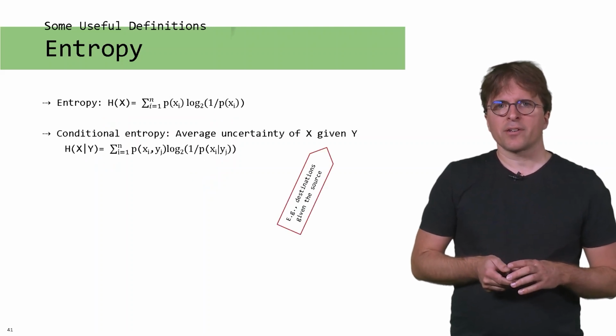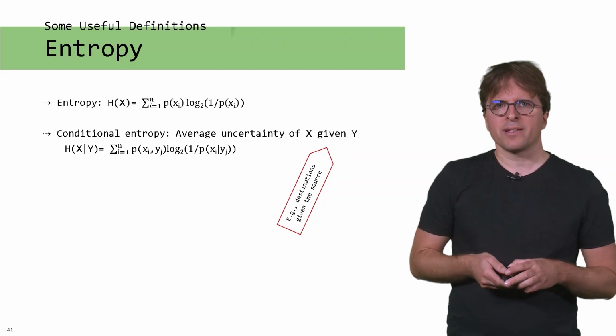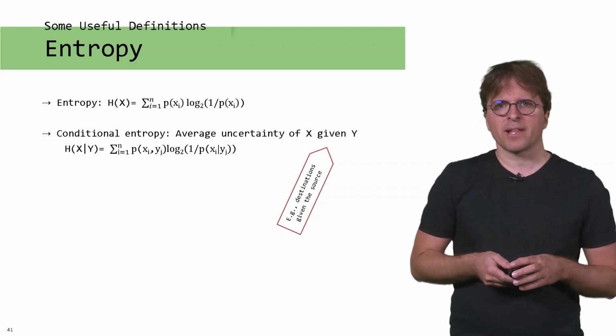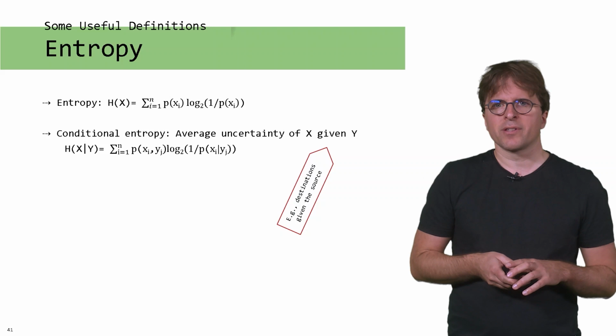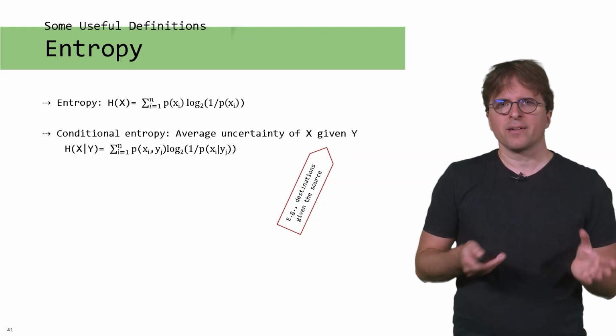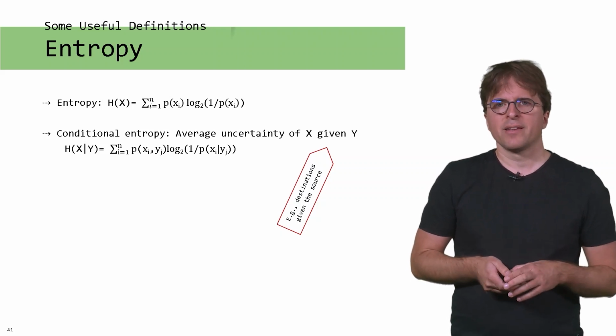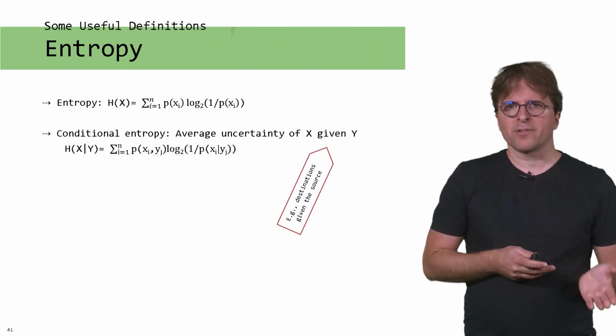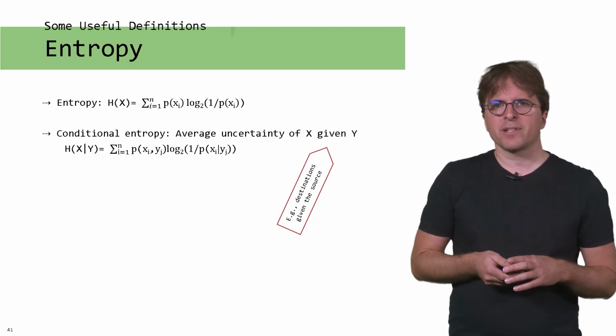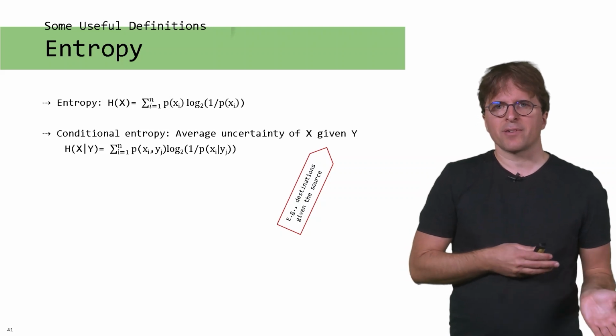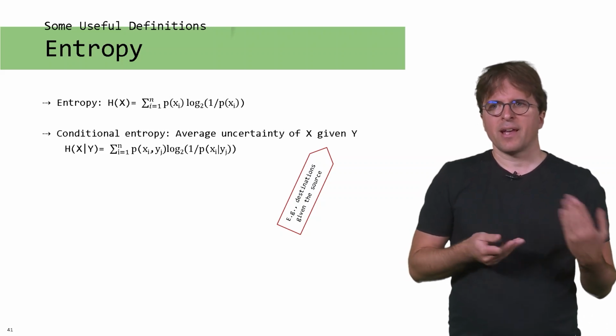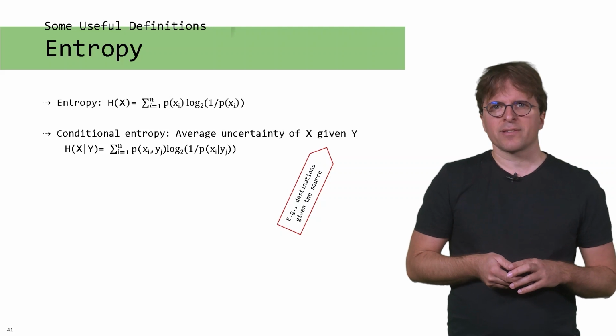And another important concept that we will need is the conditional entropy. This is like the average uncertainty of a random variable X given a random variable Y. For example, the way we will use it in the class is that X could be the sources and Y could be the destinations, or the other way around.